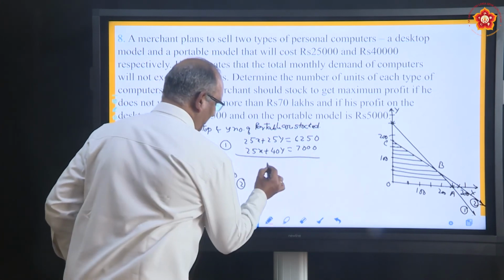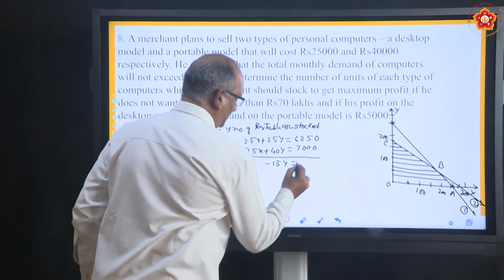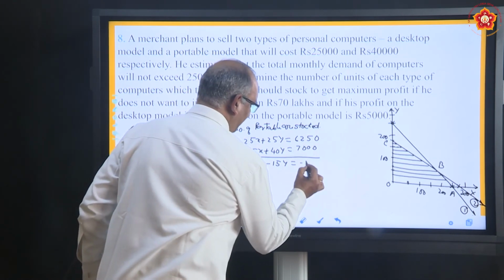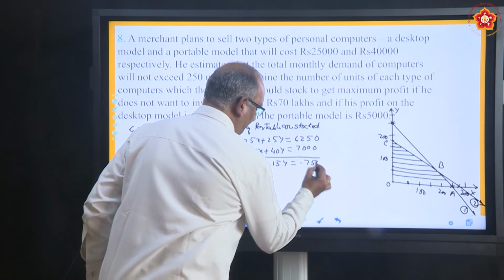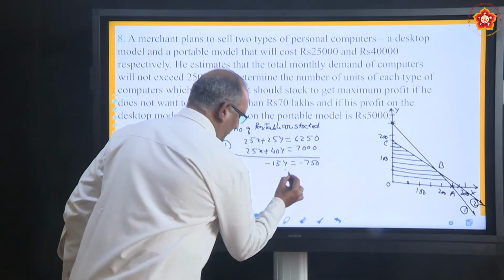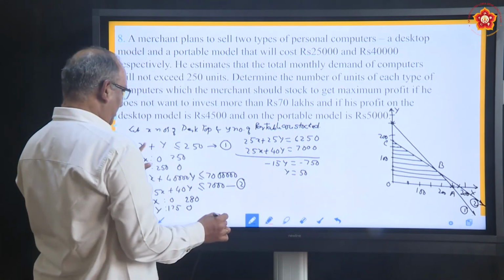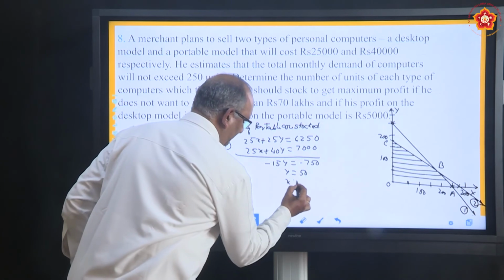Subtract, you will get minus 15y equal to minus 750. Cancel minus, divide with 15, you will get y equal to 50. Substitute the value of y here, you will get x equal to 200.